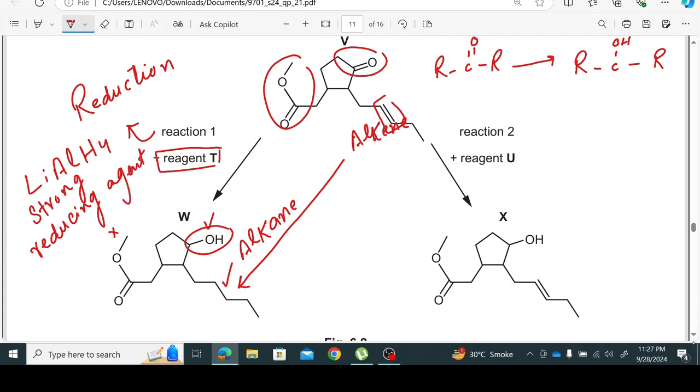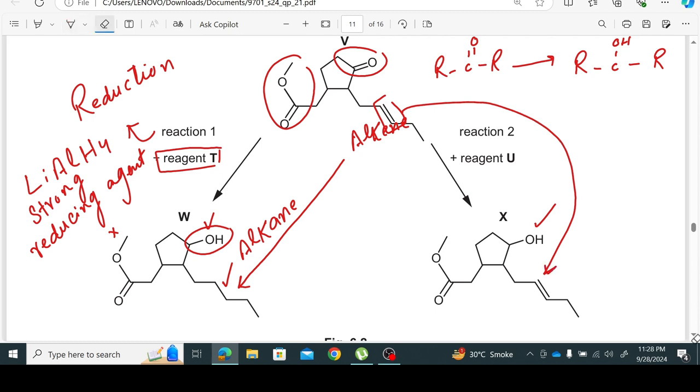Okay, so what is happening in reaction 2? The ketone is reduced into alcohol, but your alkene is unaffected. In chemistry, it is known as selectivity. Selectivity means you want to change one of the function groups, but you are saving the other one.